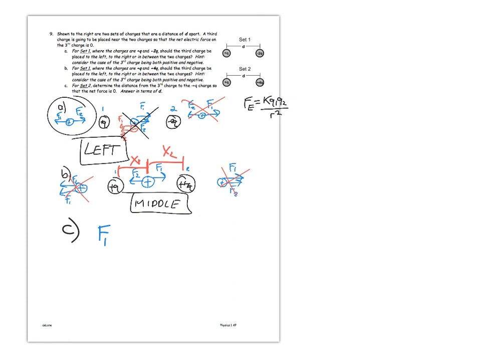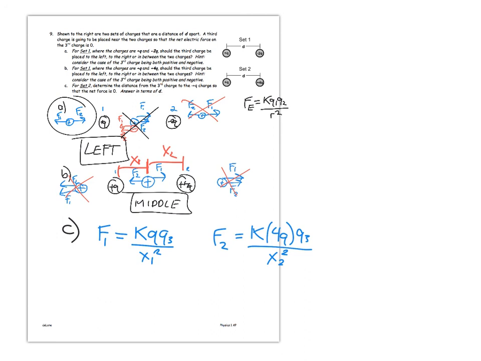So the force from charge 1 is going to be K times Q times Q3, which is that third charge there, all over x1 squared. The force from charge 2, the one on the right, is going to be K times 4Q times Q3, all over that distance, x2 squared. Now we know that those two forces must be equal to each other in order for this to work.